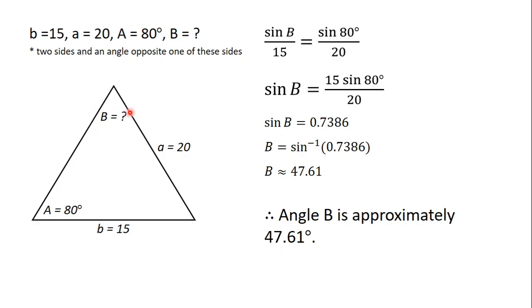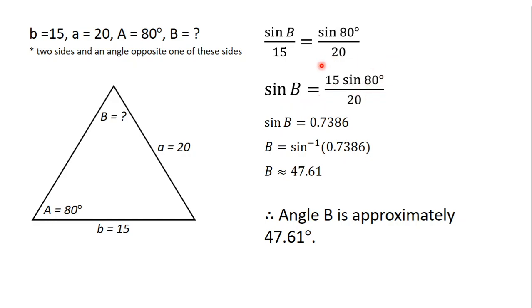By applying the law of sines, we get the equation sine B over 15 is equal to sine 80 degrees over 20. By applying the multiplication property of equality, we get sine B equals 15 sine 80 degrees over 20.